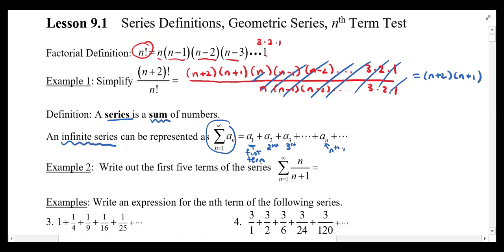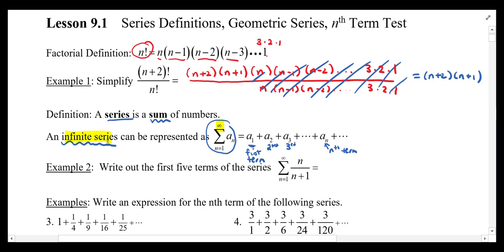Because this goes on to infinity, you keep going and going and going. So we need to understand that when I have this infinity symbol up top, this is an infinite series.